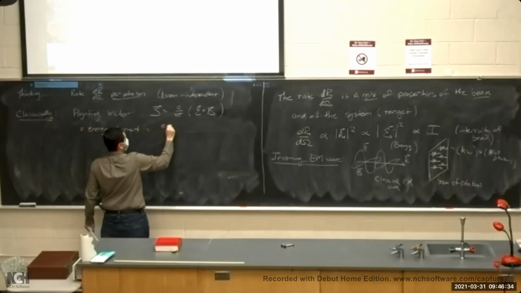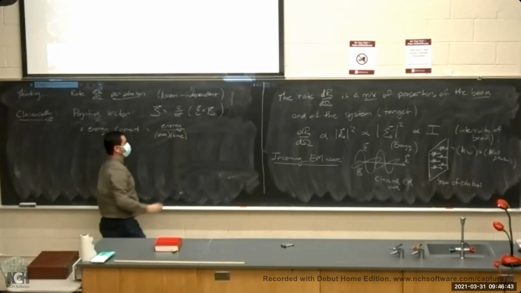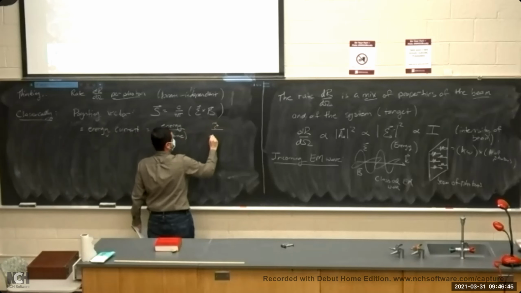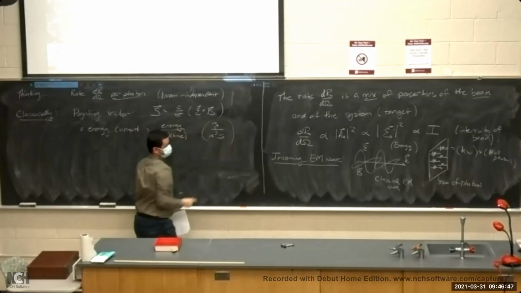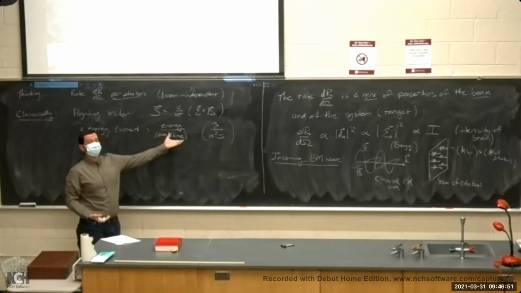So that is energy per unit area per unit time, something in units of joules per meter squared per second. Another way to say that is that this is the energy flux per unit time.